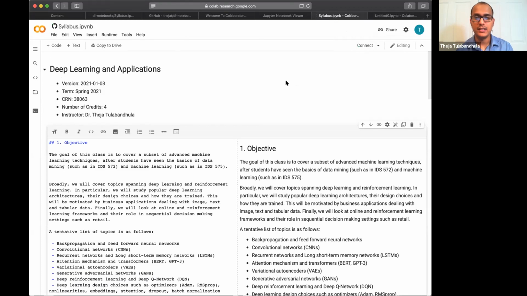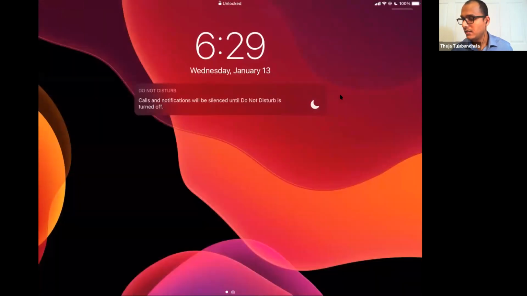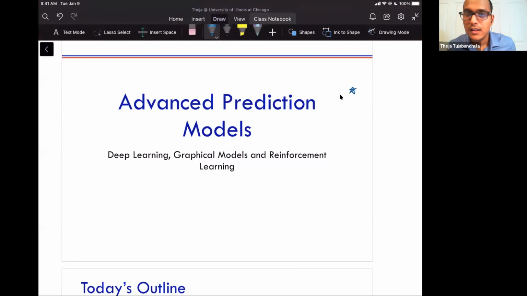Okay, so let me actually at this point switch over to the slides. The way I'll use it is I'm using an iPad and I'm using OneNote just so that I can annotate as I go over the slides.